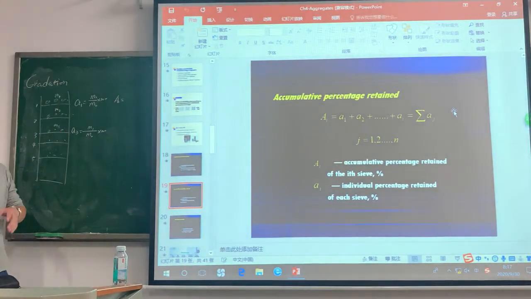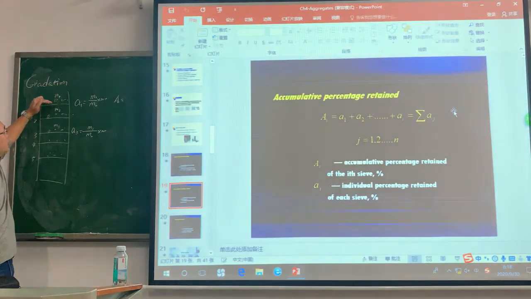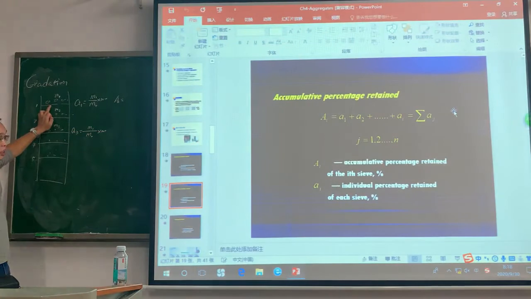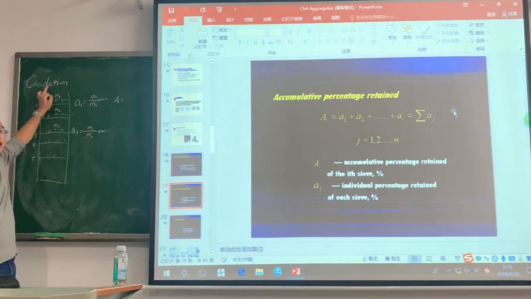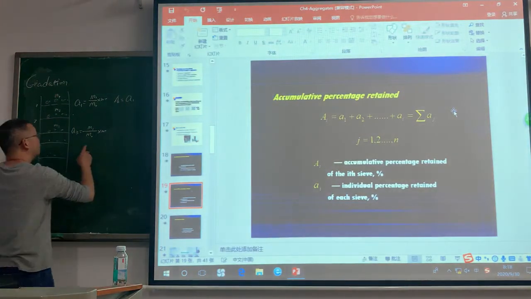For the accumulative percentage retained, it means the individual percentage retained at this sieve and above this sieve.